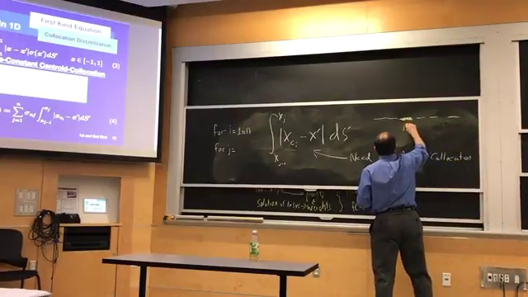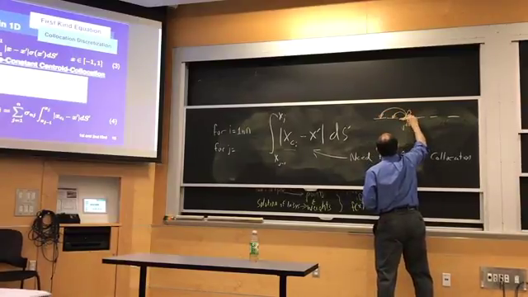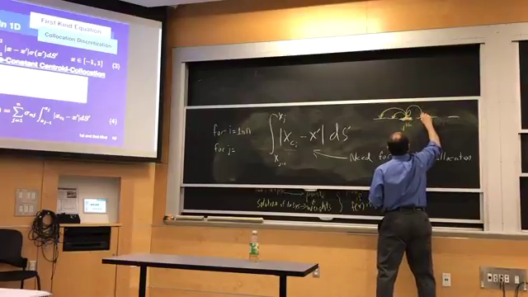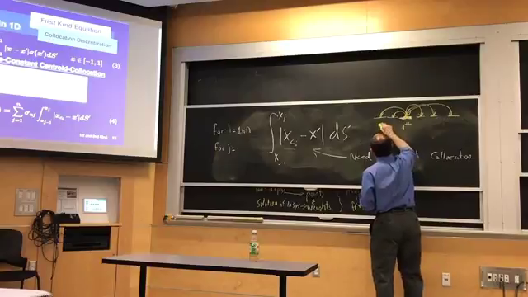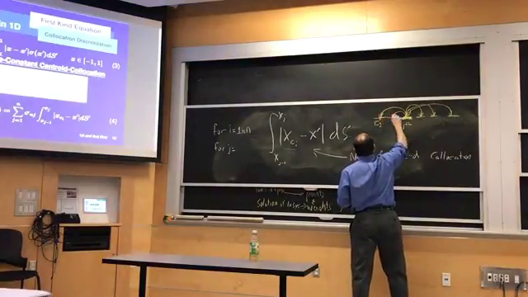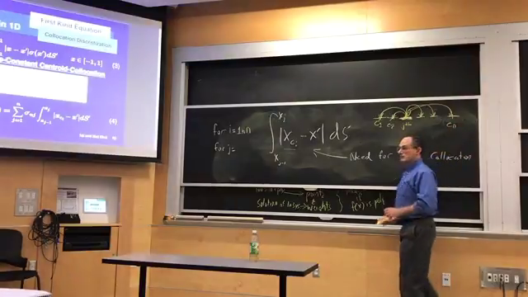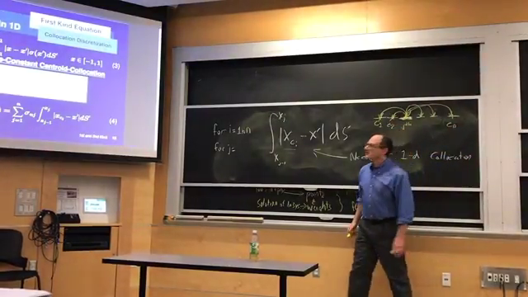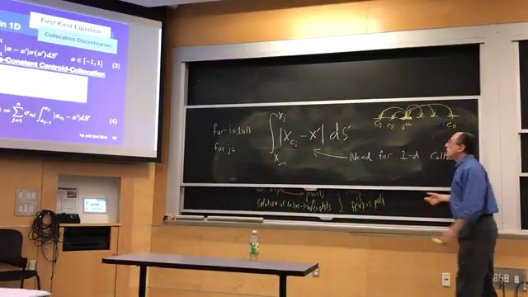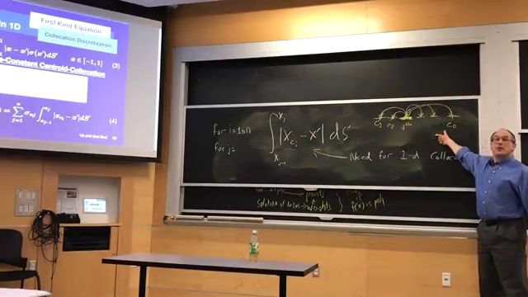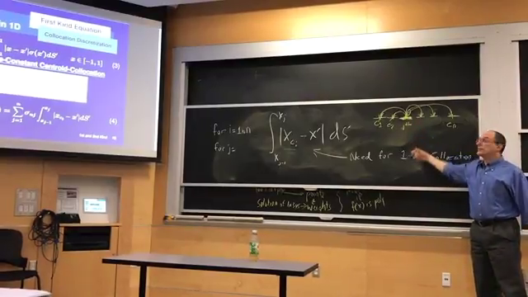This is the jth interval. And it contributes to all the collocation points in the problem, including its own. So for each of these intervals, I'm going to have to calculate this. I'm going to have to do this for every single interval.